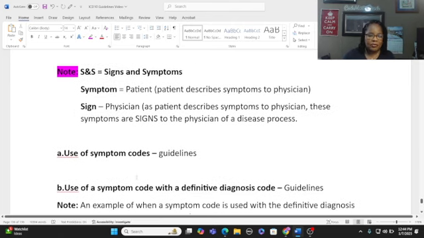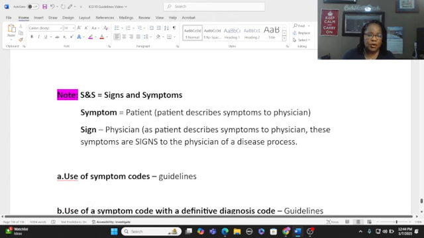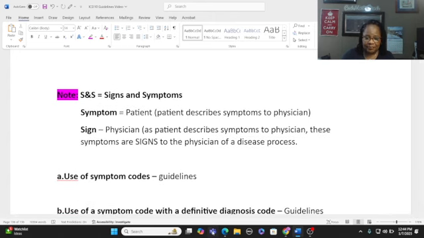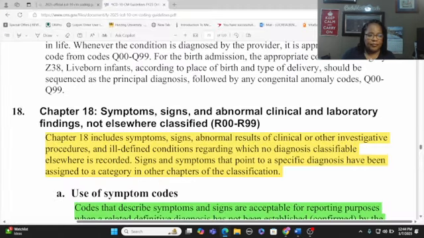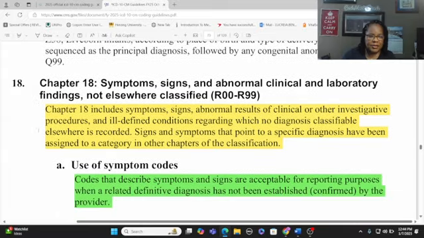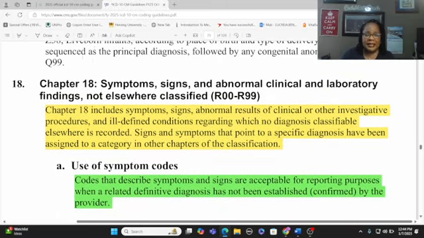All right, so we start off with the use of symptom codes. Let's go to our guidelines. Notice it starts off by saying Chapter 18 includes symptoms, signs, abnormal results of clinical or other investigative procedures, and ill-defined conditions regarding which no diagnosis classifiable elsewhere is recorded.